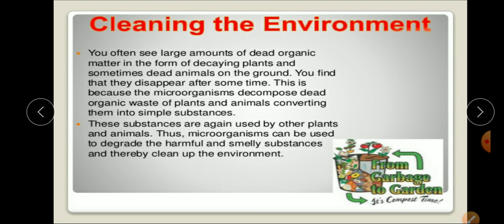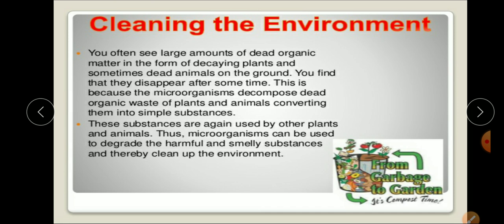They will not convert into manure. Understood? The microbes could not act on them. They can't convert them into manure.